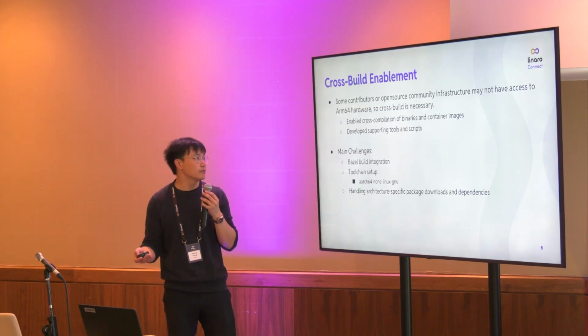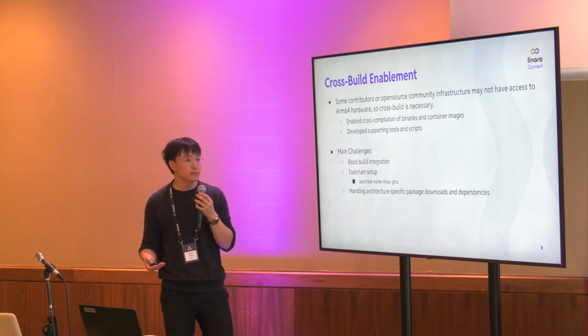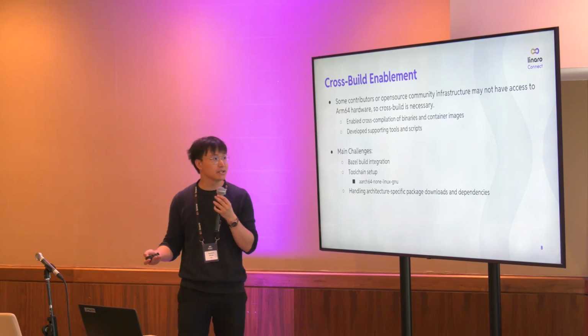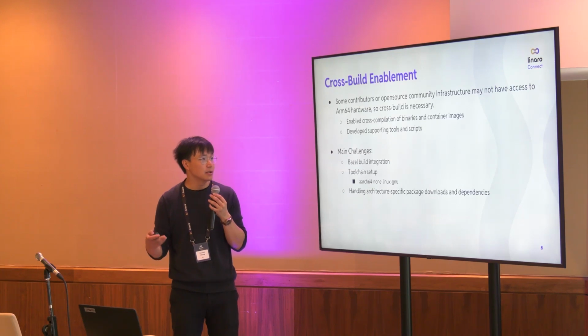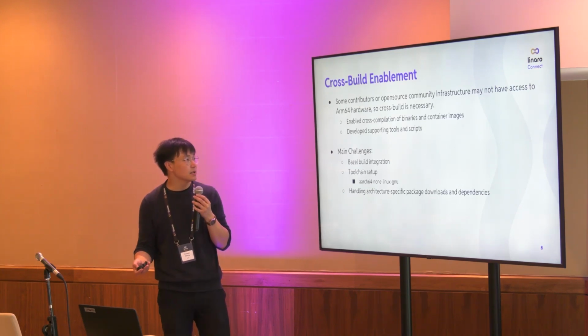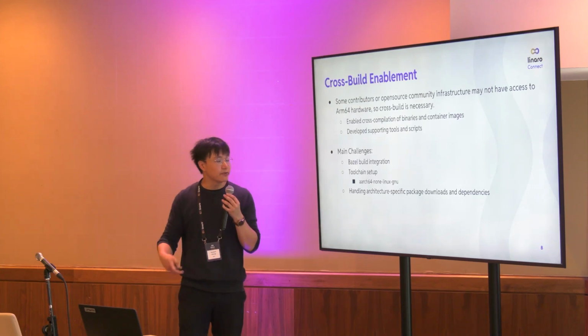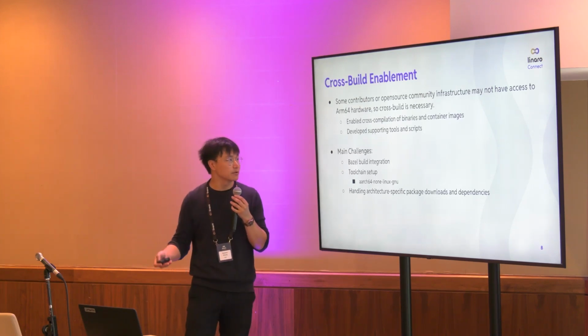We also have to develop supporting tools and scripts to facilitate this step. The KubeVirt project met the same issue. They didn't have ARM64 hardware at first, so we had to help the KubeVirt project do cross-building.